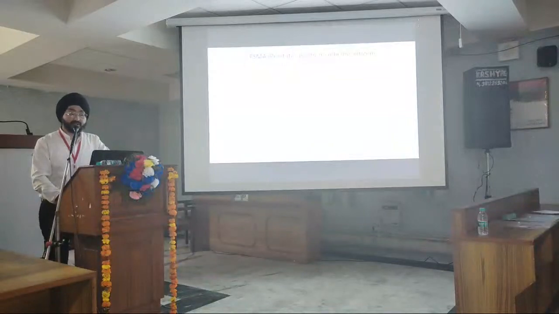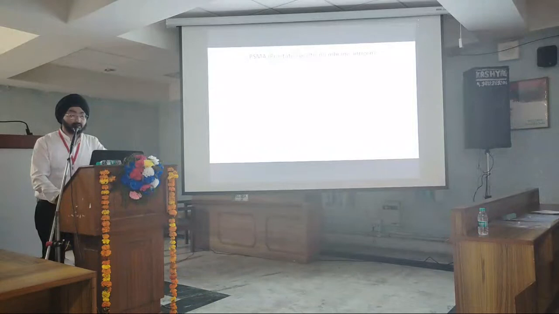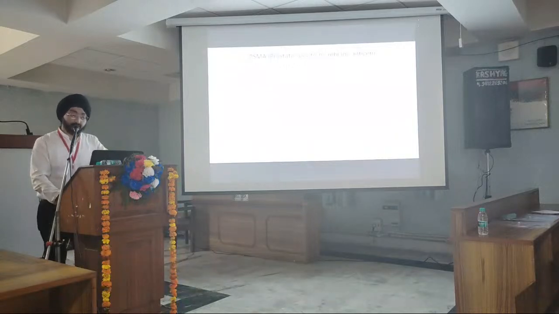It is significantly overexpressed in around 95% of prostate cancer cells, with a 100 to 1,000-fold increase as compared to the normal prostatic tissue. And it is further increased in advanced stages of carcinoma prostate, after androgen deprivation, and in metastatic castration-resistant cases. So these PSMA inhibitors have been made, and they bind to this extracellular domain and are internalized, and they can be used for diagnosis as well as therapy of prostate cancer.